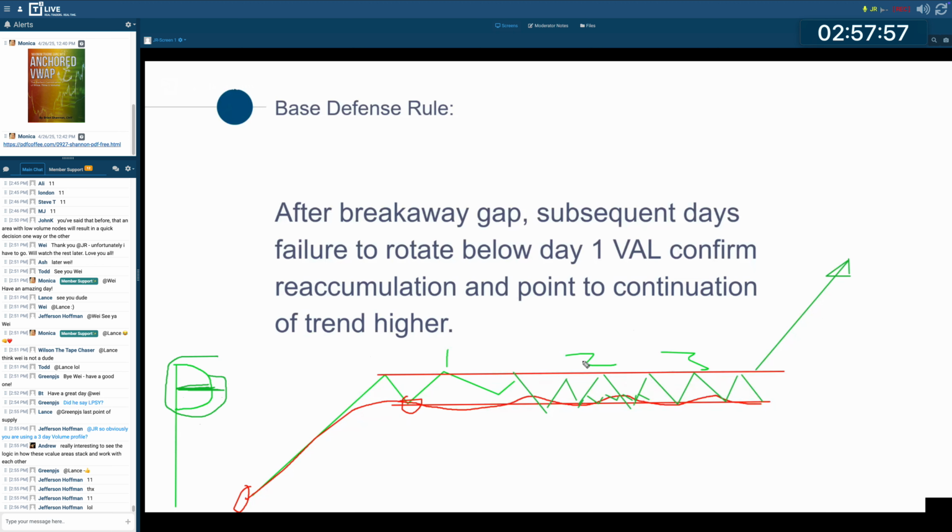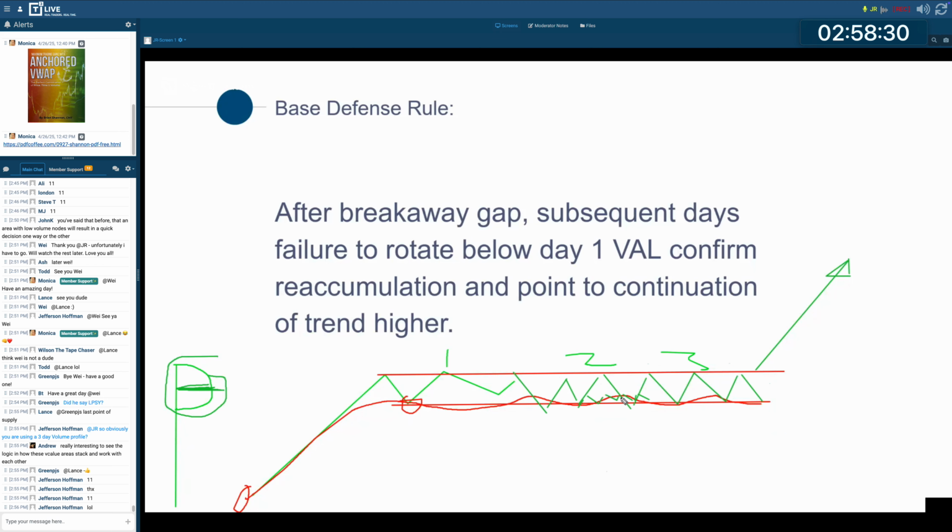When you see day 2 hold anchored VWAP and that value area low with a great deal of symmetry in the rotation, so 3 things have to happen: a strong P-shaped profile with a high point of control relative to value area high, and days 2 and 3 need to hold that value area low and anchored VWAP in a symmetrical rotating fashion.